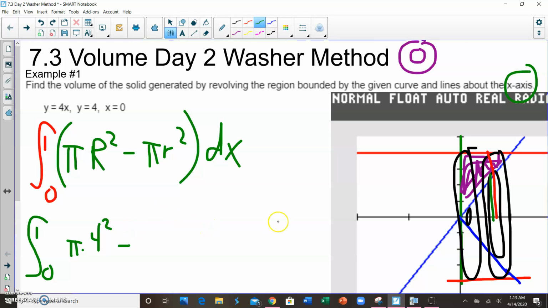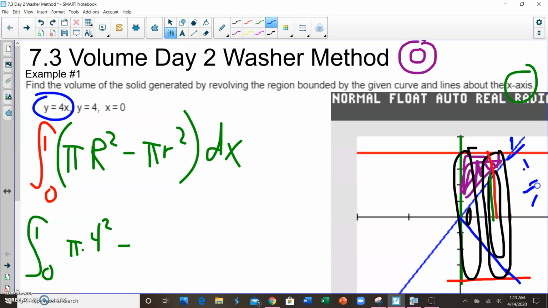The inside radius is always the height from here up to that blue line. So watch the arrow, from here up to the blue line. That blue line is y equals 4x.